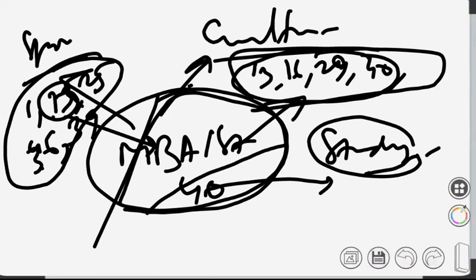Generally, when the population size is very large, we go for simple random sampling without replacement. And if the population itself is small, then we use simple random sampling with replacement.